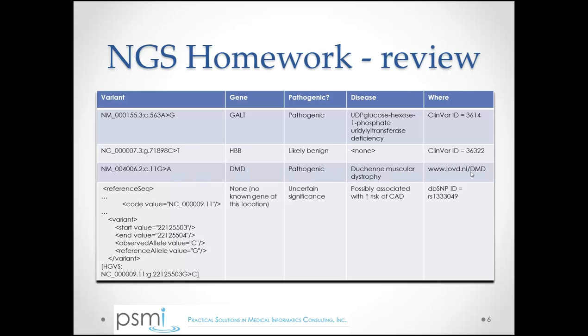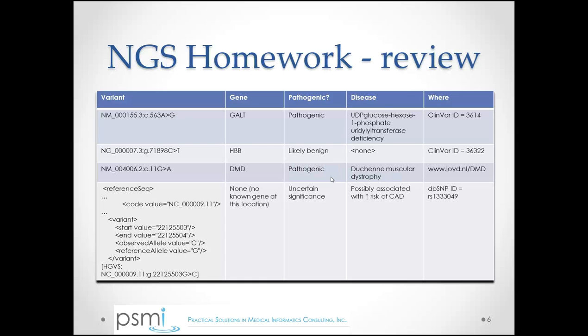And so I found information about this particular variant. And at that particular site, it did show a phenotypic association with Duchenne's muscular dystrophy. However, the website doesn't include pathogenicity information.